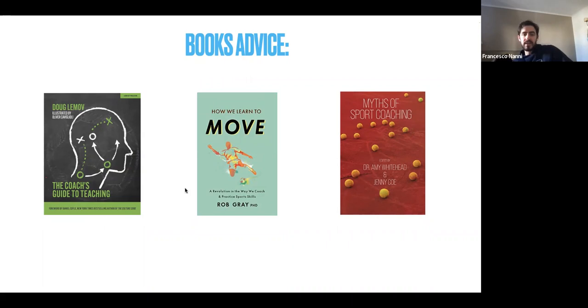In a similar way, this is more if you're into exactly the technical stuff. So the motor learning: how do you learn to move? How do you learn a specific coordination? This one was more about team sport.